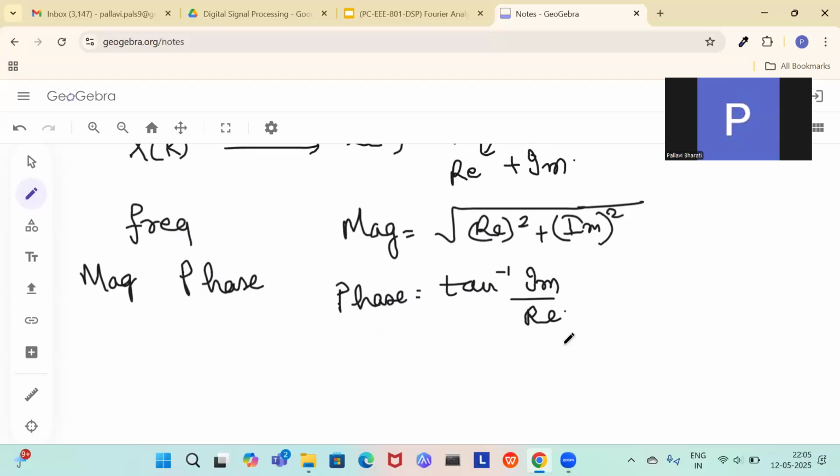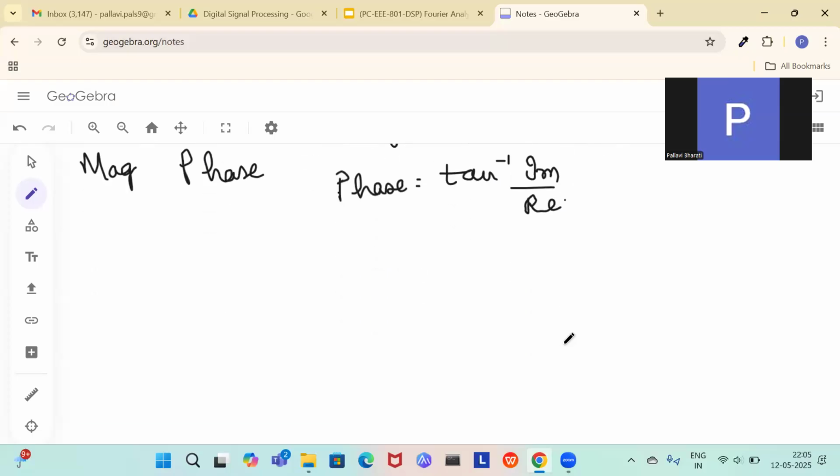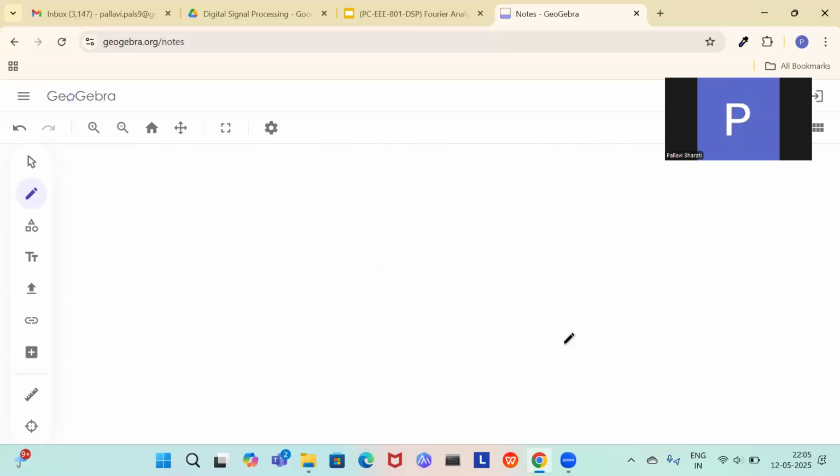Now let me write the actual X of k, that is the DFT of the signal.